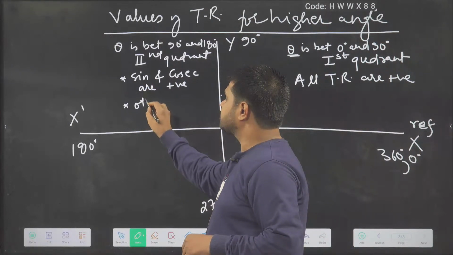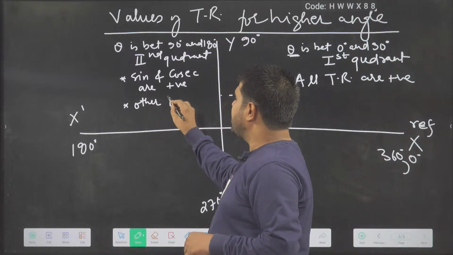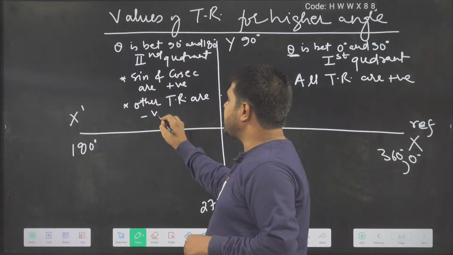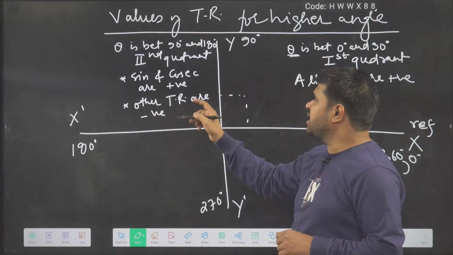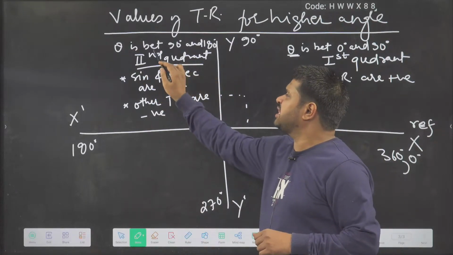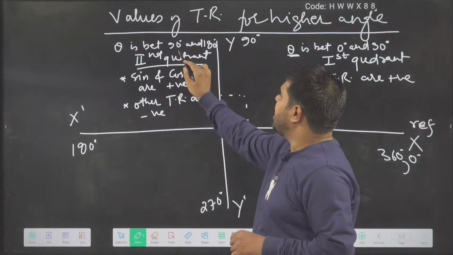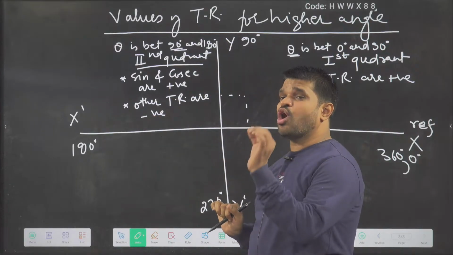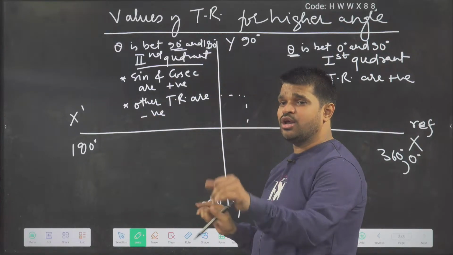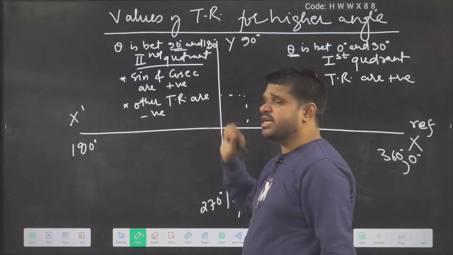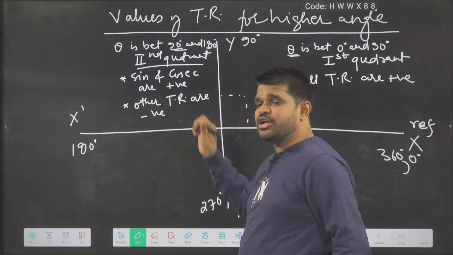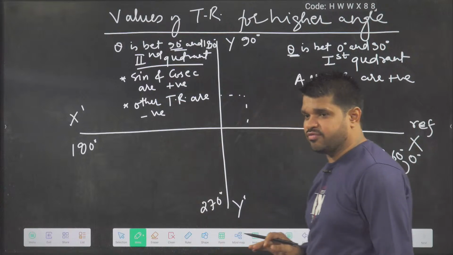Other trigonometric ratios are negative. So when the angle lies between 90 degree and 180 degree, we call it an angle of the second quadrant. Only sine and its reciprocal cosec are positive. Other trigonometric ratios are negative.